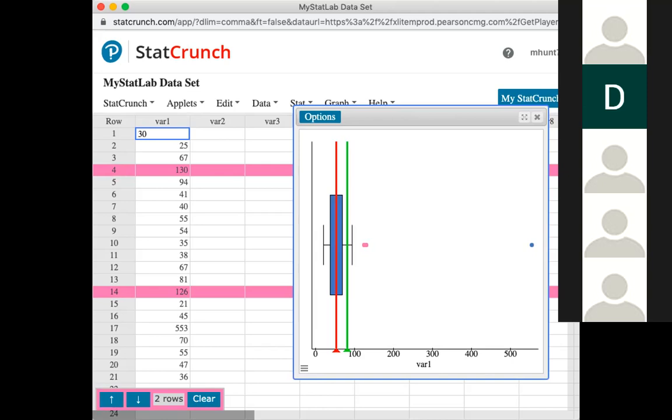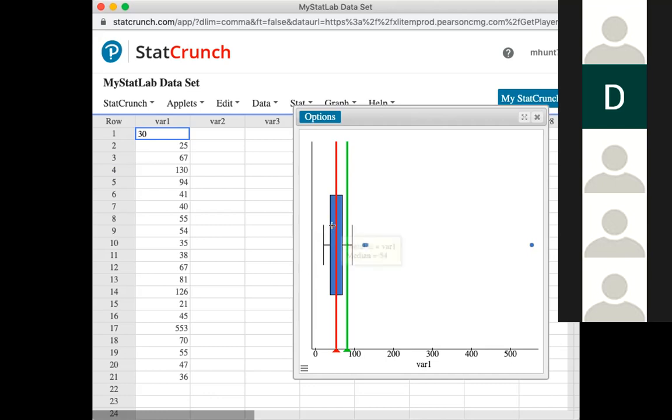It is unusual in what respect? See this upper fence here, this Q3? It's way far away from Q3. It's 1.5 interquartile ranges away. This one is 3 interquartile ranges away. So we've got 3 outliers.